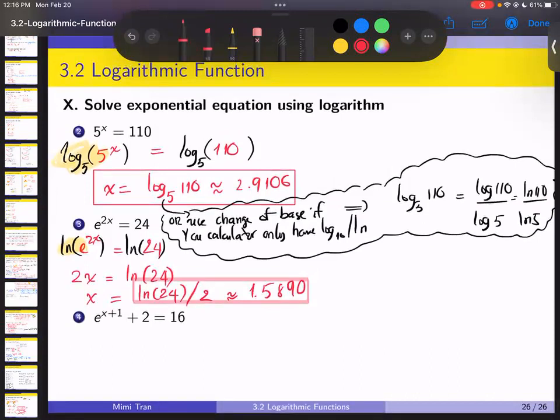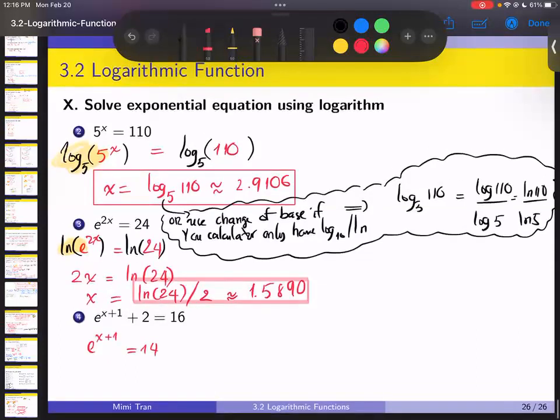See. Before I take ln, what should I do? Subtract the 2 first, right? You're going to isolate everything before you take log, or you raise to certain power, right? So what is this? 14, right?